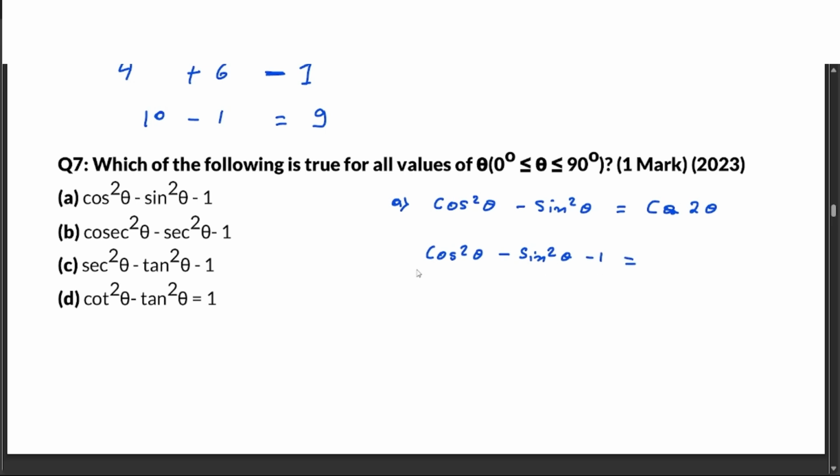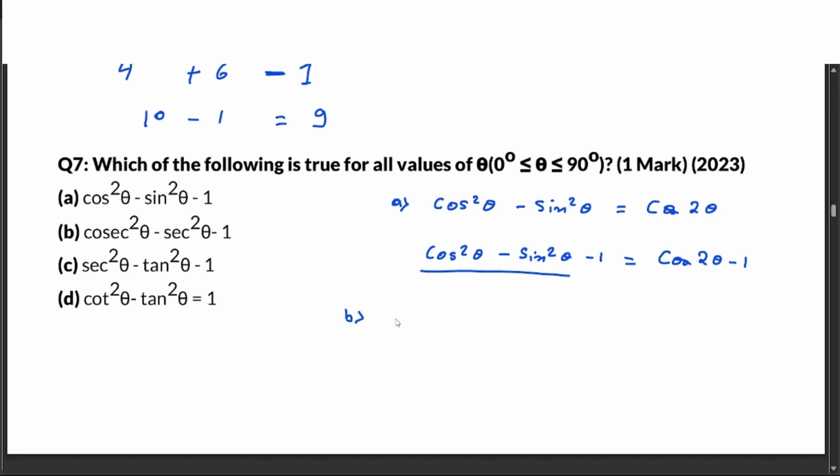We already know the identity, hope you remember: cos square theta minus sine square theta is equal to cos 2 theta. So we can substitute this value here, and we get cos 2 theta minus 1. Which means this is not always true, so option A is not correct. We can cancel option A.